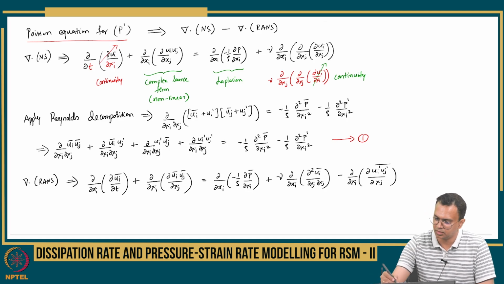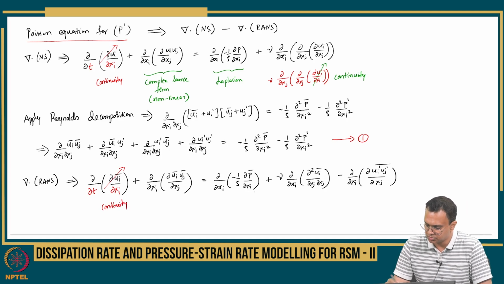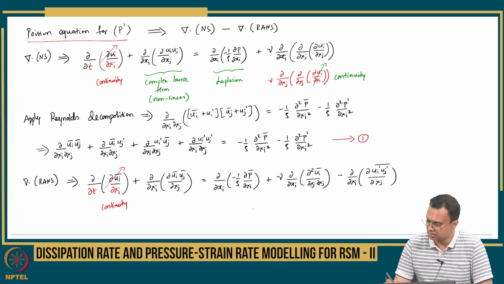But of course I can get rid of some terms before that. Again this interchanging here, again I get dou t dou xi, so this term goes away, continuity again. This term survives, the nonlinear source, pressure Laplacian survives, the viscous goes away and again, right.